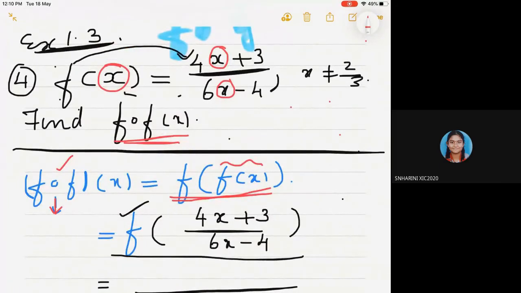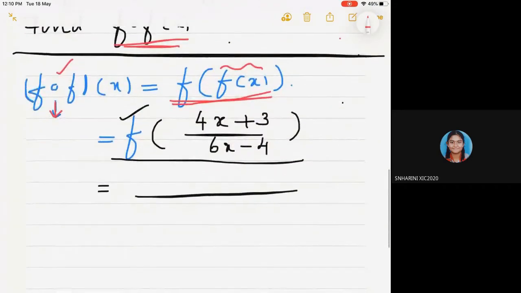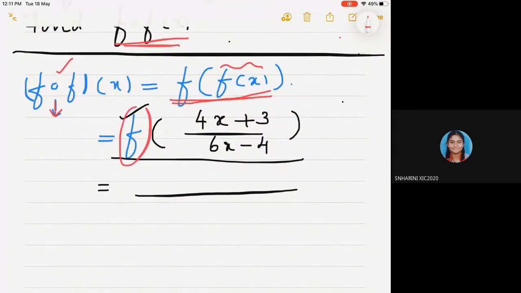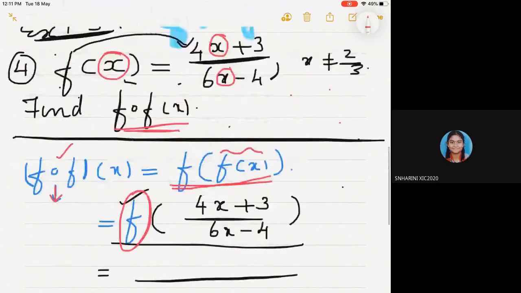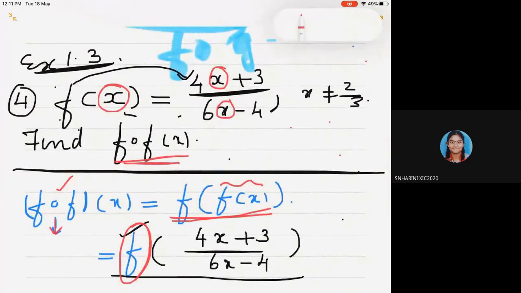According to the question, f of x is 4x plus 3 by 6x minus 4. Now the task is to remove this f. And how to remove the f, you have to study and understand nicely. Whenever you are writing the image of x, f is removed, right?